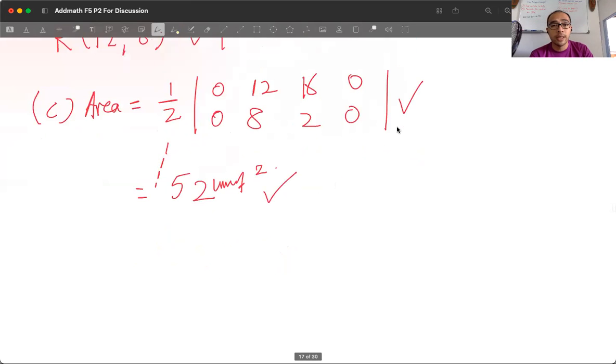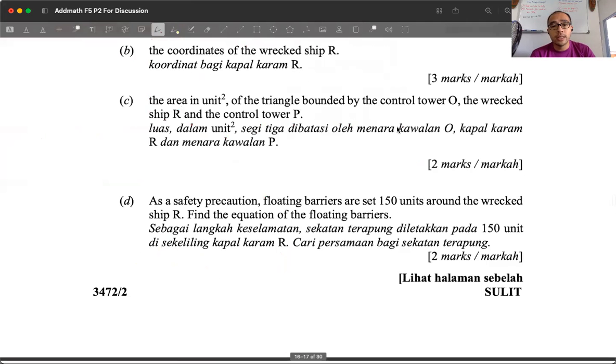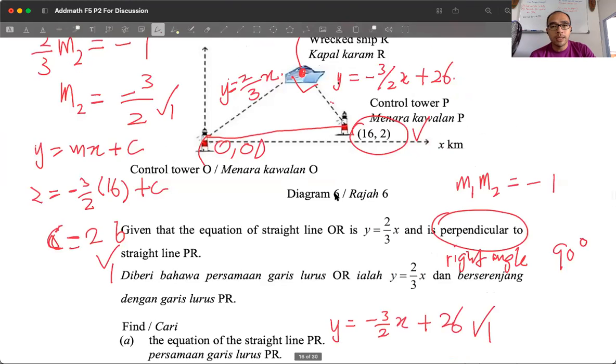Okay, last question. As I said before, this is a locus question. As a safety precaution, floating barriers are set 150 units around the rect shape R. Find the equation of the floating barriers. So around means this is the rect shape.